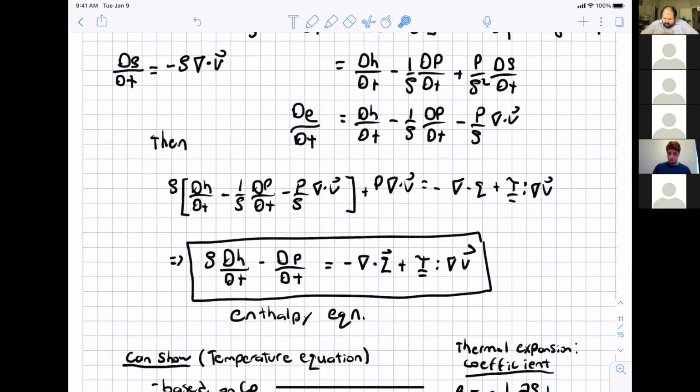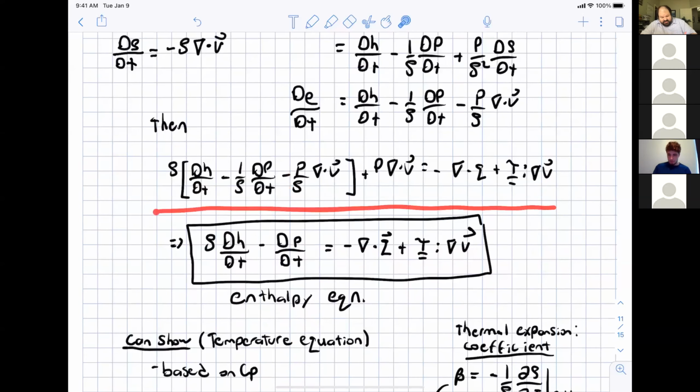And you can show through some simplification that this equation here just turns into what's called the enthalpy equation right here.